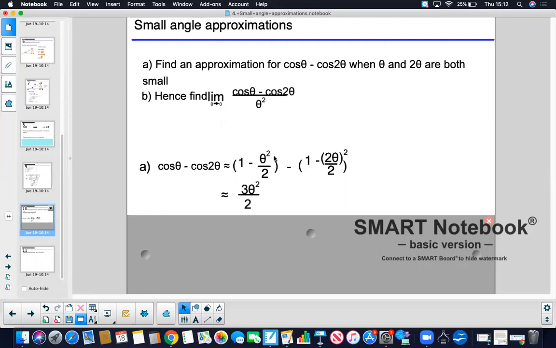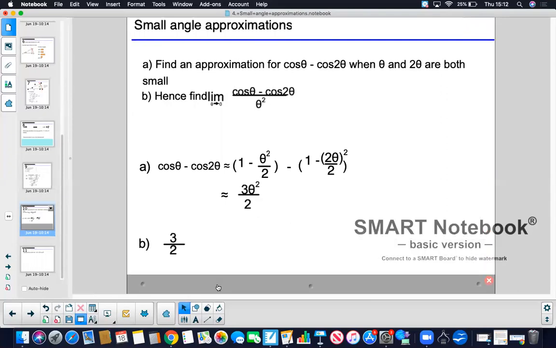And then we've got negative theta squared plus 4 theta squared over 2, which gives you 3 theta squared over 2. So this is the top part of this expression, cos theta minus cos 2 theta. If we then divide that by theta squared, we get 3 over 2 as our final answer.